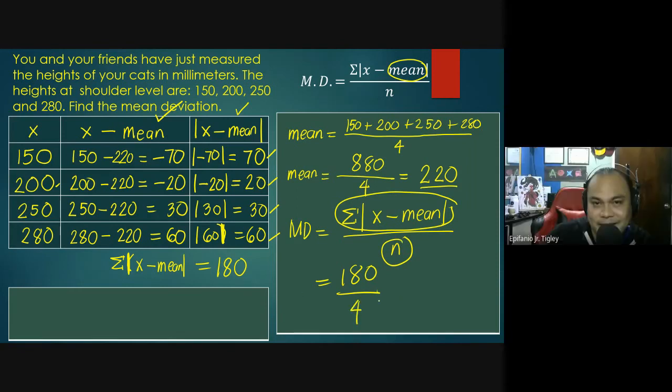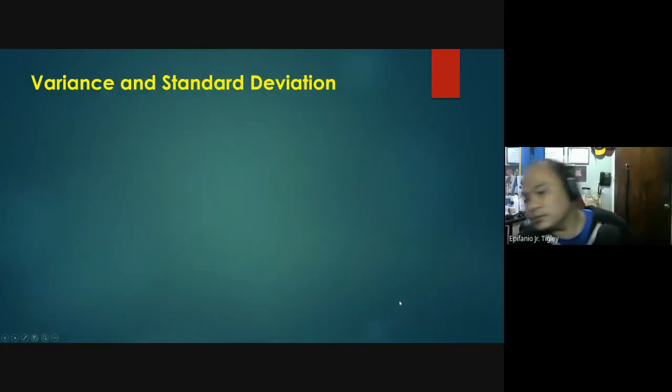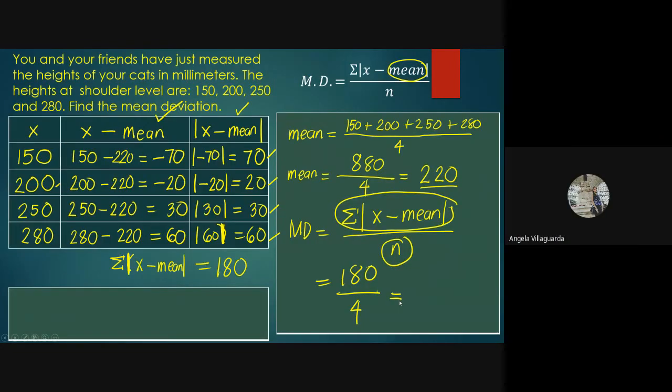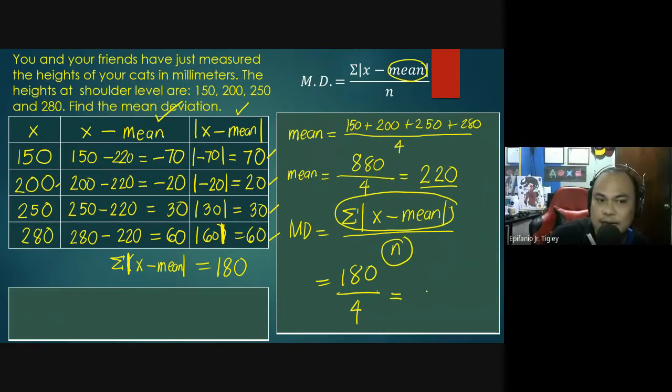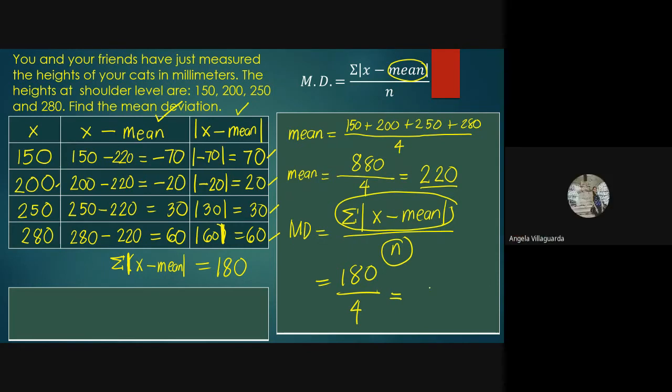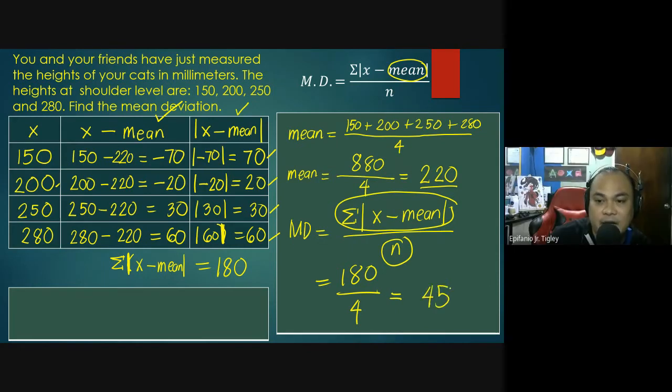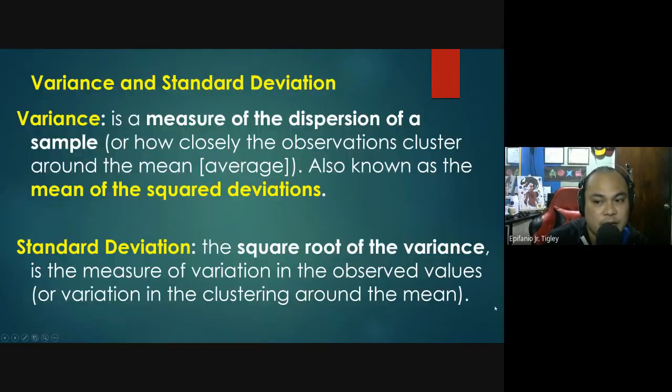Now, what is 180 divided by 4? 45. This is now the mean deviation that we are looking for.